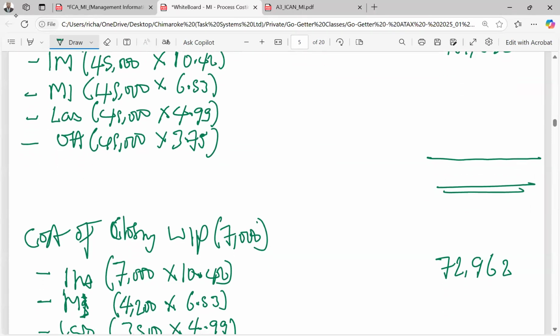So we have our 6.53, and let's use it and multiply 45,000 first.